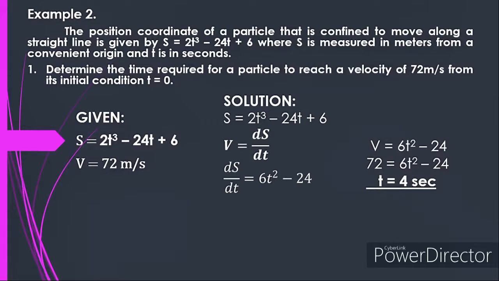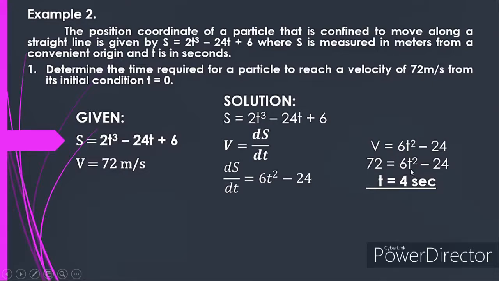So, ayan. So, meron tayong formula ng V. So, V is equals to 6t squared minus 24. So, sabi ng problem, ang velocity daw ay equal to 72 meters per second. So, what is the time required for a particle to reach a velocity of 72 meters per second? So, ayan class, equate natin, V is equal to 72, equals to 6t squared minus 24.